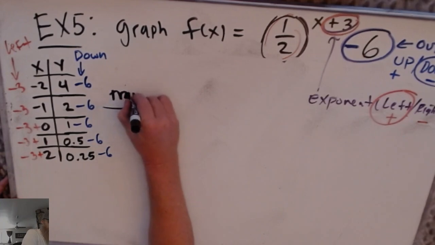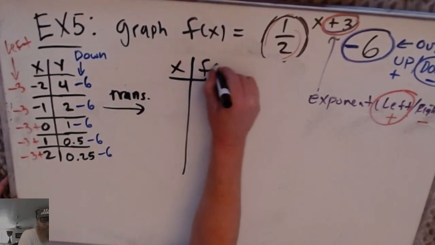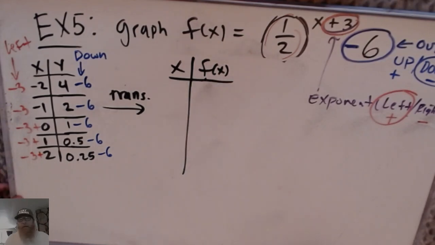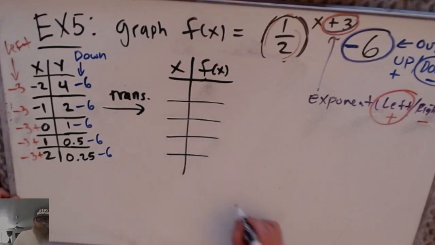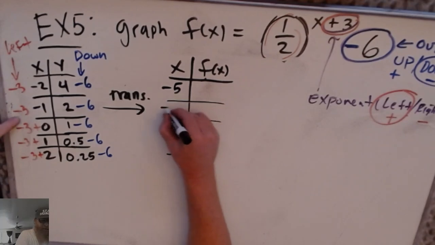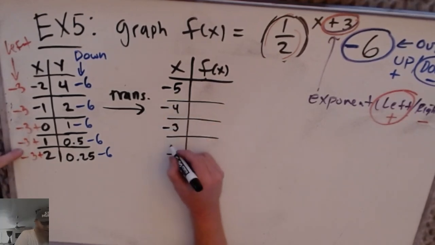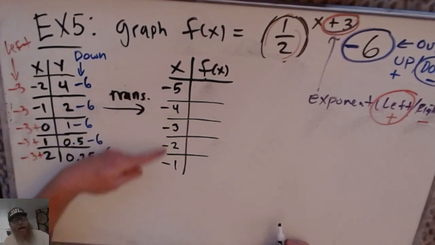Okay, let's go to the transformation table. And let's go ahead and draw the graph. So I've got -5, -4, -3, -2, -1. Have you noticed that that always happens?